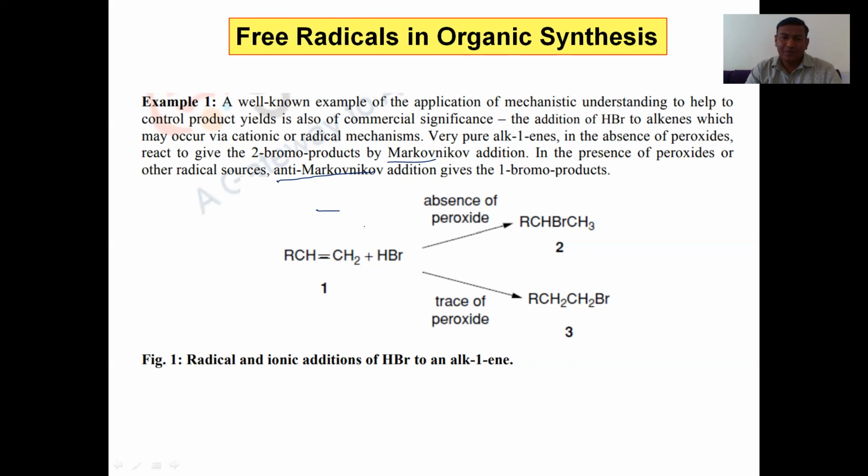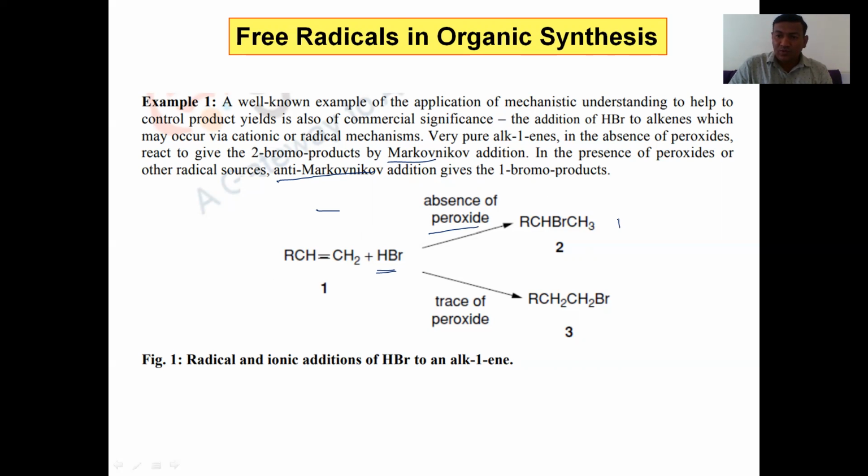Guys, hope you remember this type of compound. Suppose we have an unsymmetrical compound RCH=CH2, and we are adding HBr to that. If there is no peroxide, meaning no radical type of reaction, then we will get the 2-bromo product.